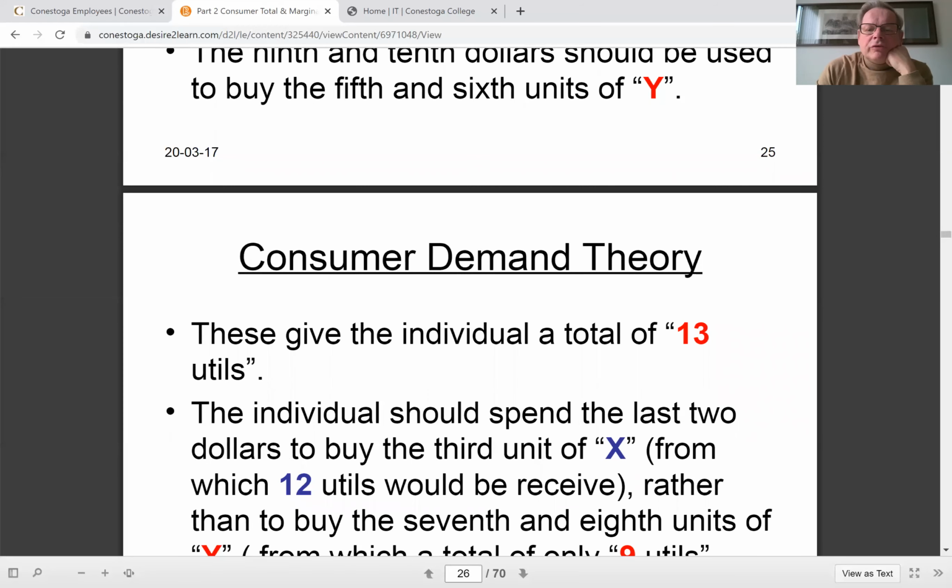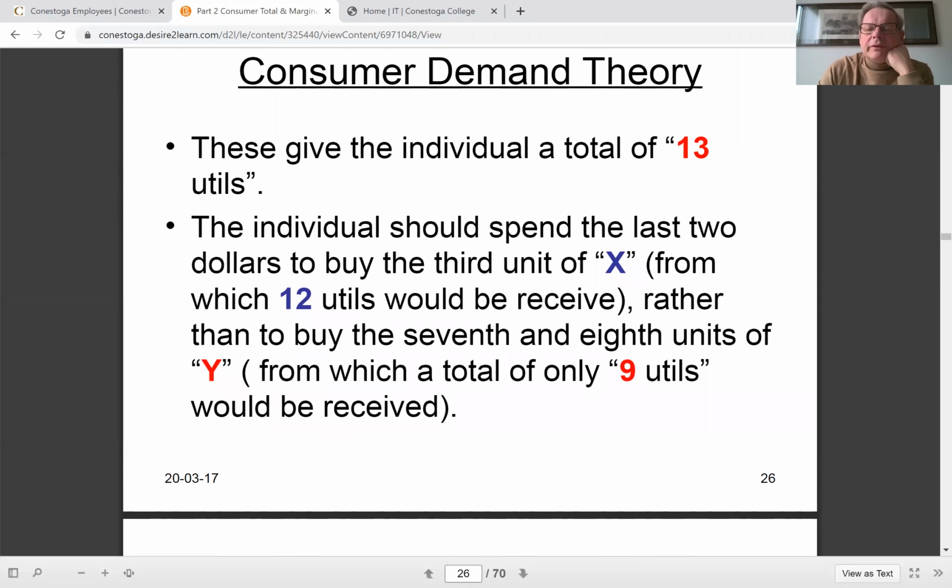This gives the individual a total of 18 utils. The individual should spend the last $2 to buy the third unit of X, from which 12 utils will be received, rather than to buy the seventh and eighth unit of Y. If you bought the seventh and eighth unit of Y, you would only receive 9 utils.